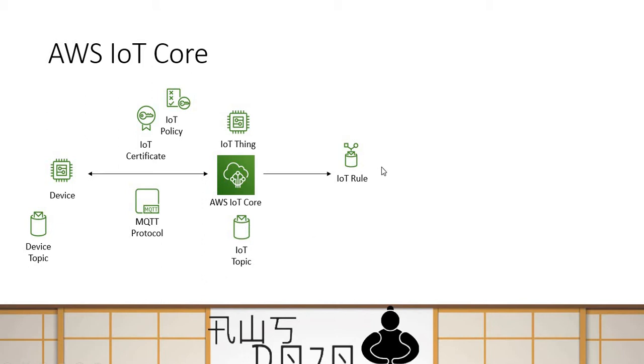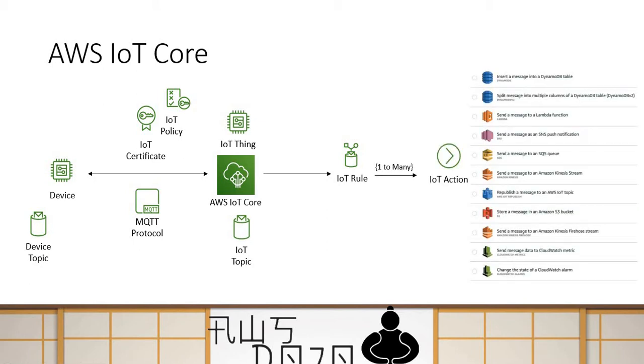Based on either the full message or a particular type of message, you can define different types of rules to perform actions. You might say, if any message comes to IoT Core, you want to take a certain action, or if a message comes to IoT Core and that message has certain types of values, then you want to perform some kind of action.